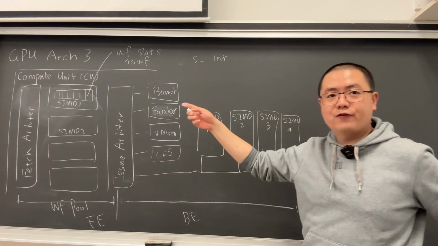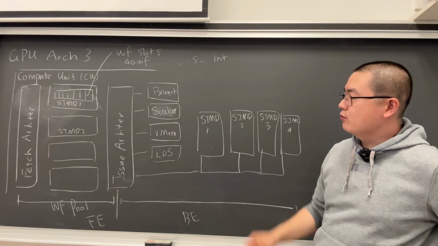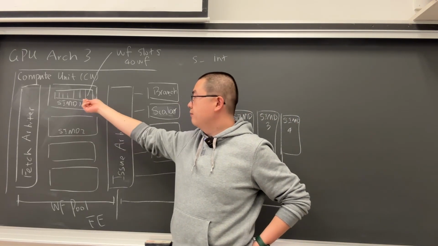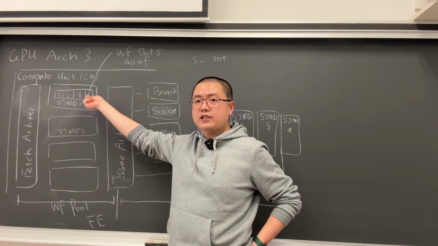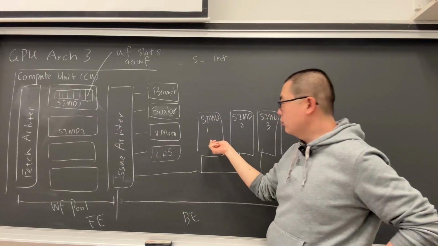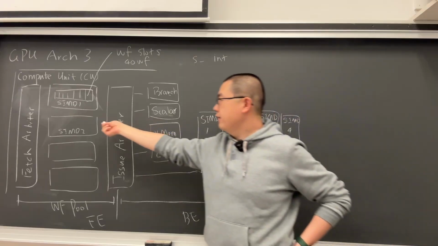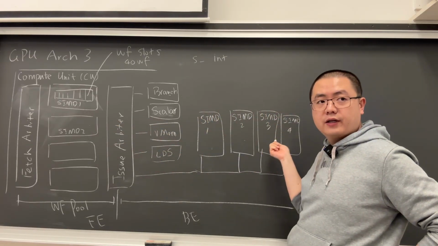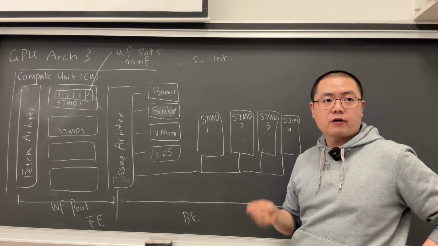Okay, this is in the official documentation. So what that means is the wavefronts being allocated on this wavefront slot can only go to SIMD1. And this wavefront can only go to SIMD2. This wavefront can only go to SIMD3, and this can only go to SIMD4.